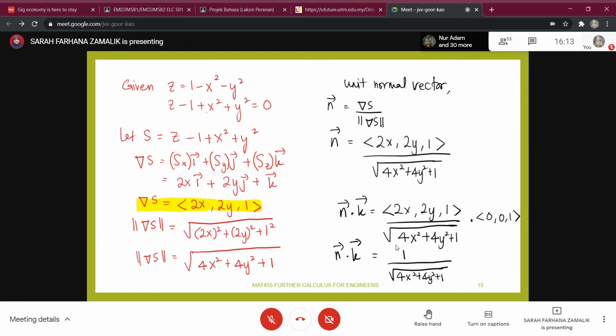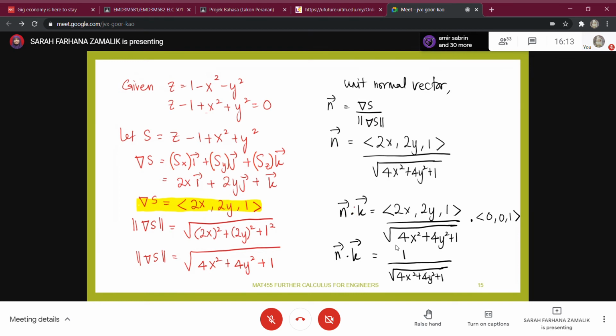So masukkan je dalam kita punya magnitude of your gradient S. So hence you get 4x square plus 4y square plus 1. So that is your magnitude of your gradient S. Masukkan je into your unit normal so that you can have your unit normal here. So gradient S divided by your magnitude gradient S. That is your unit normal n.